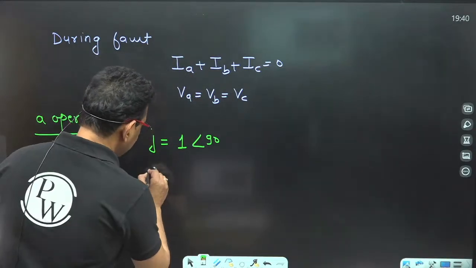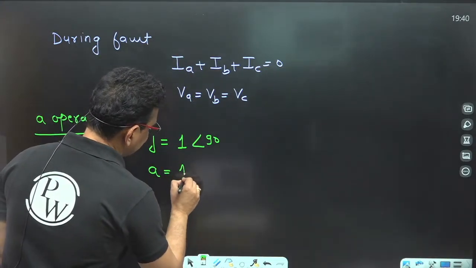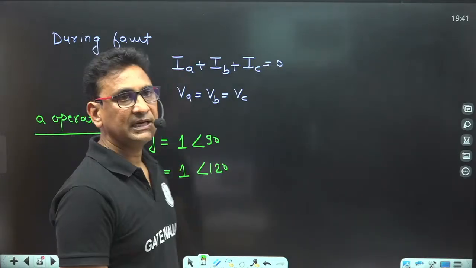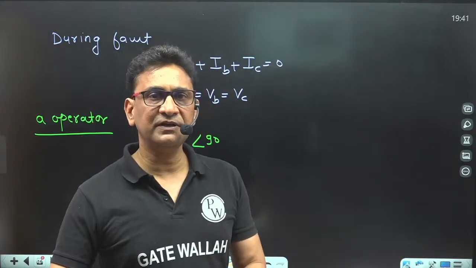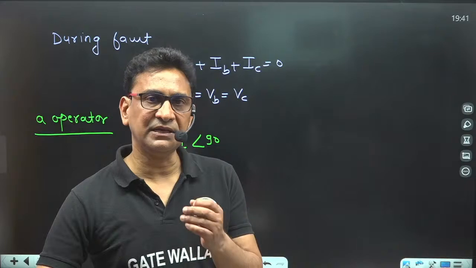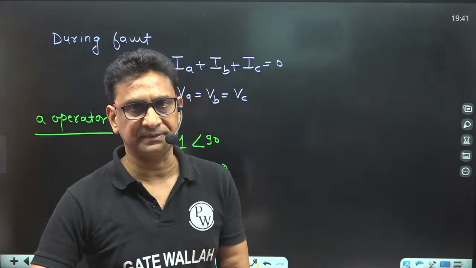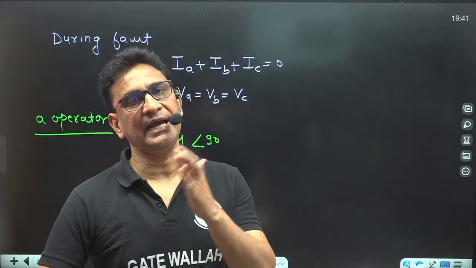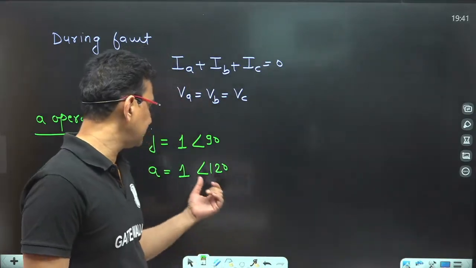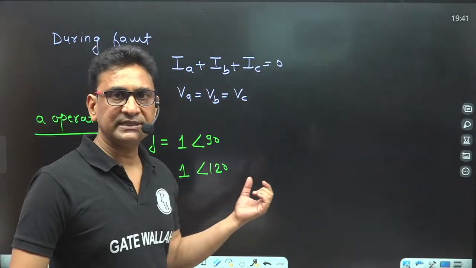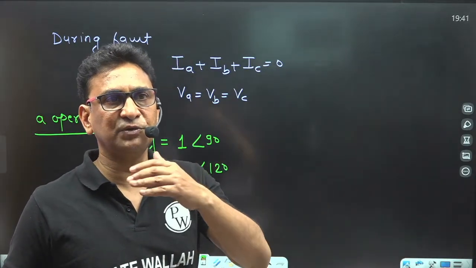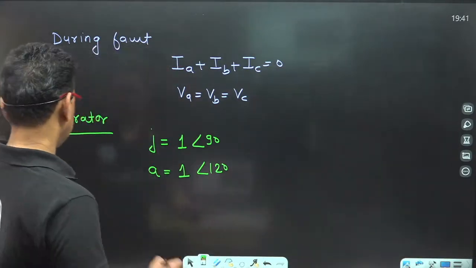Similarly, the A operator has a magnitude of 1, but its angle is 120 degrees. That means whenever we multiply any phasor with the A operator, it does not change the magnitude of the phasor, but simply rotates the phasor 120 degrees positively, in the anti-clockwise direction.